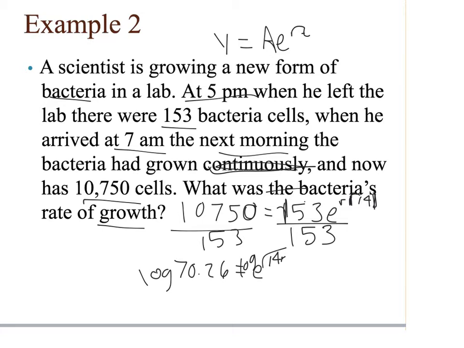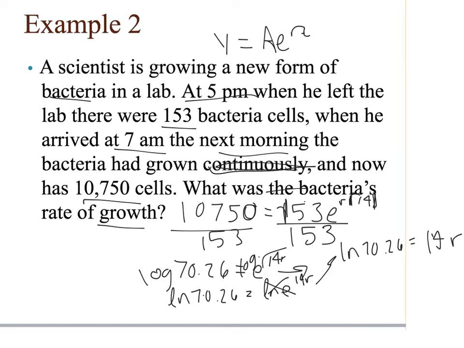But the good thing is that now that I have e, I can actually do an ln. So if I do an ln of both sides, this ln cancels the e out, and what I'm left with is the ln of 70.26 equals 14r.